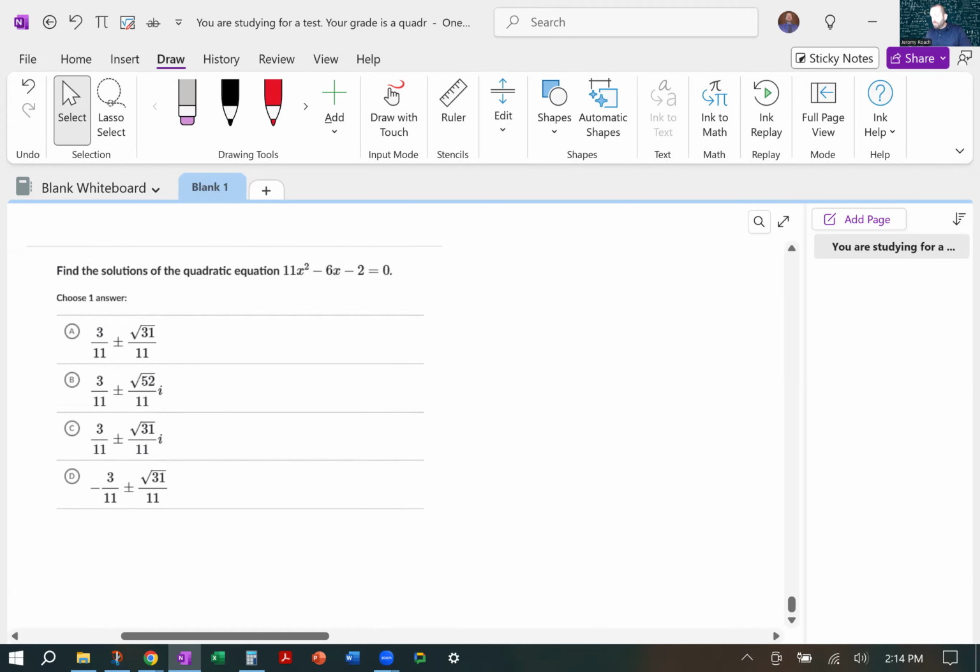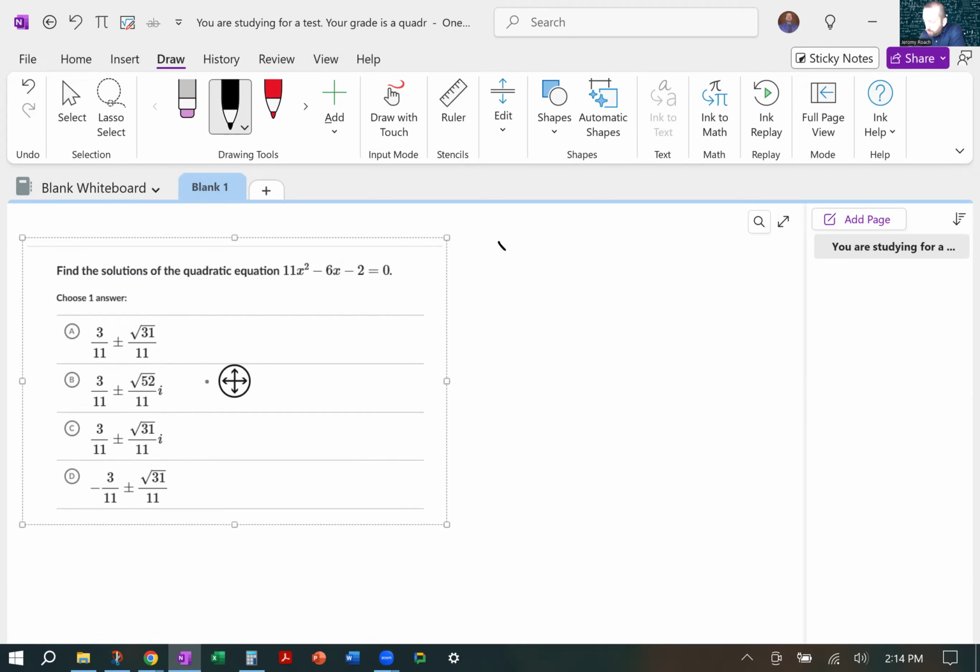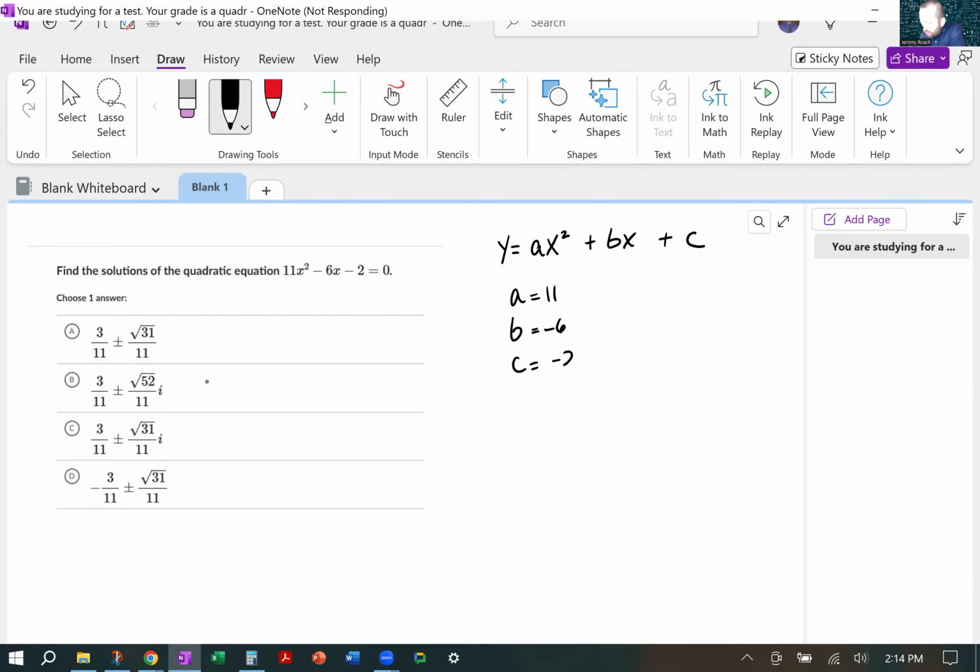So for the quadratic formula, first we make sure that our equation is in the form y equals ax squared plus bx plus c. That's the first thing that we want to do. And we can see that it is. So a is 11, b is negative 6, and c is negative 2.